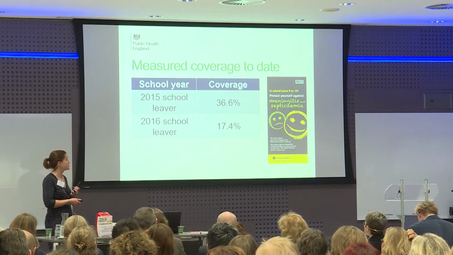What we do know, however, is that in the new university students, the coverage is likely to be higher. And we also know that this is the group that are at particular risk of meningococcal disease. We've just done a study where it looks like their risk of meningococcal disease is about 10 times higher than their peers. And some universities are quite active in offering vaccination opportunistically to their students.